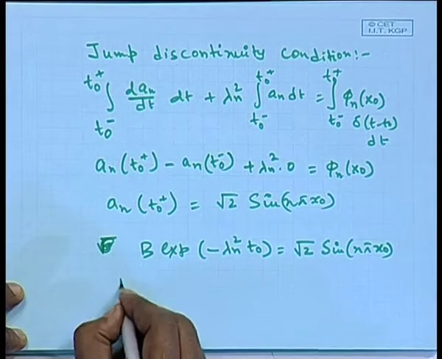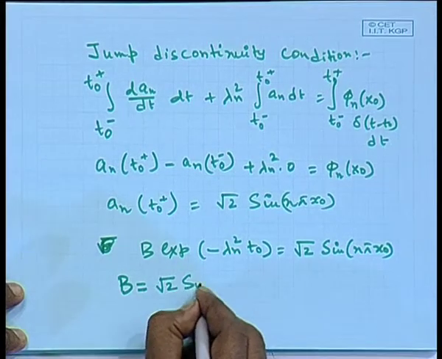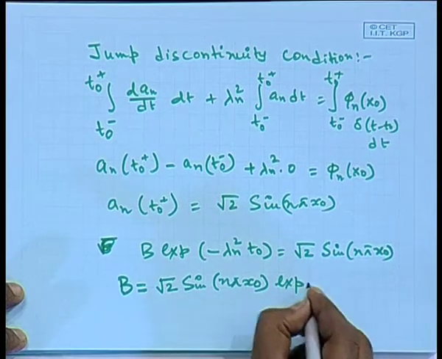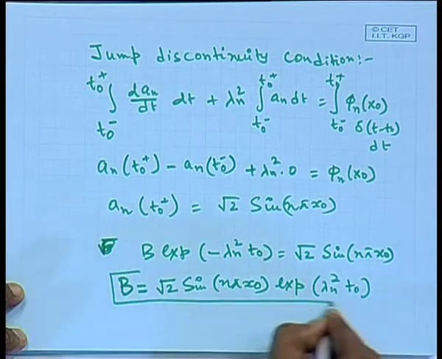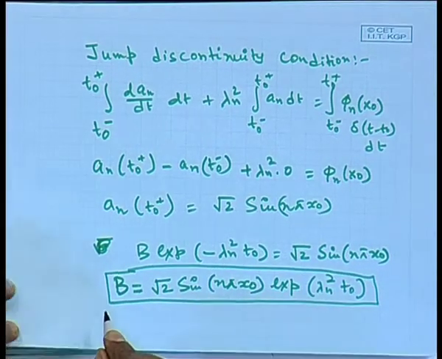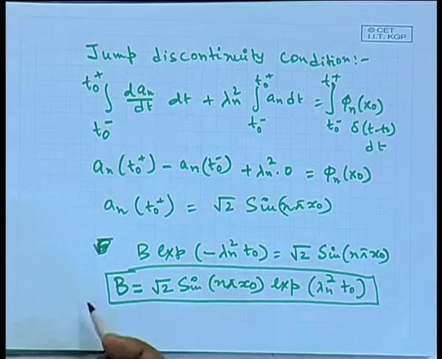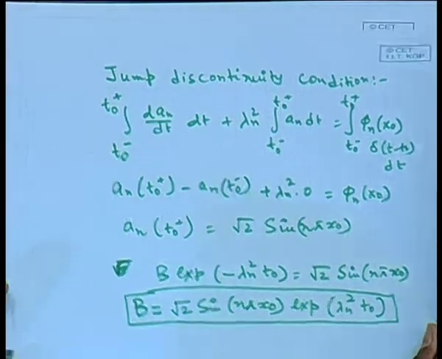So, from that you will be getting the expression for b. So, b you will be getting root over 2 sin n pi x naught exponential lambda n square t naught, and lambda n is basically n pi, so it will be n square pi square t naught. Okay. Once you get b, then your a_n is estimated. So, in turn you will be getting the expression of Green's function.